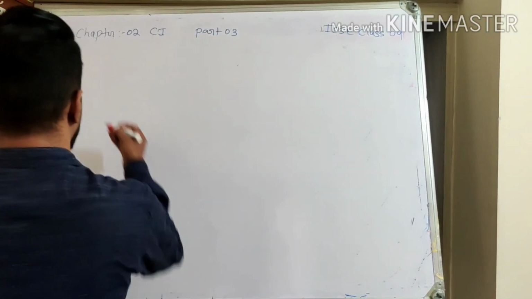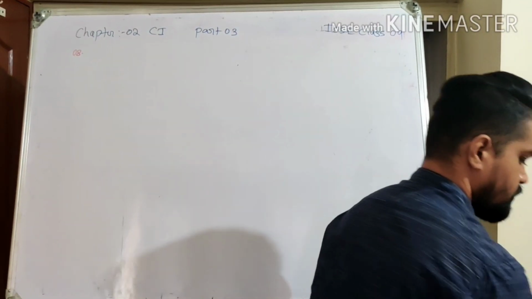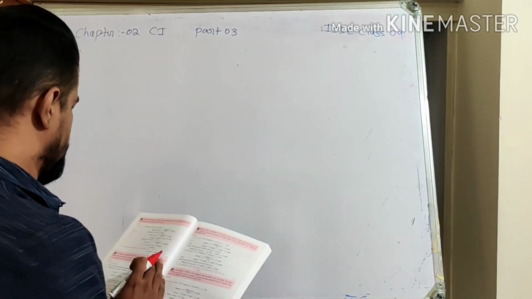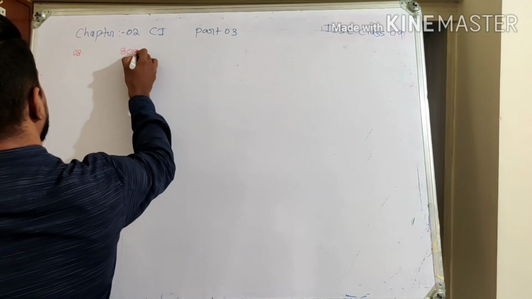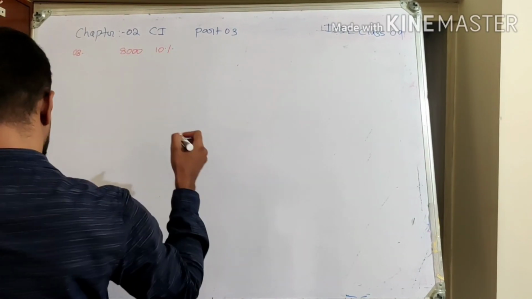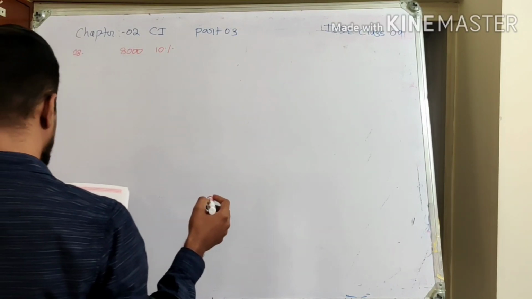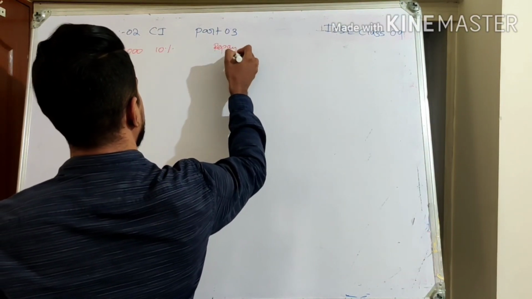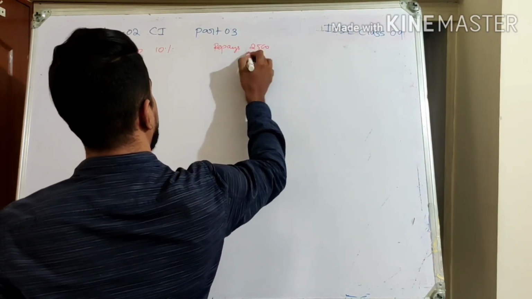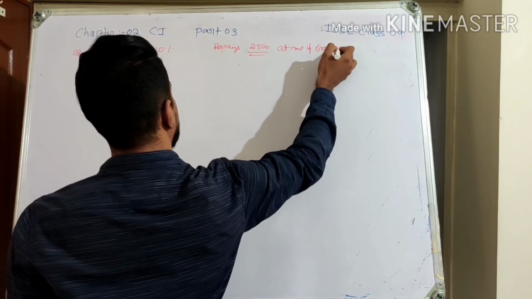Question number 8. A man borrows, what is the amount he is borrowing? 8,000 at 10% per annum compound interest payable every 6 months. And he also repays 2,500 at end of 6 months.